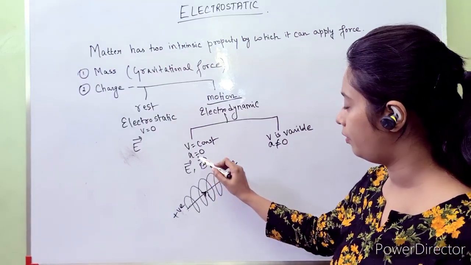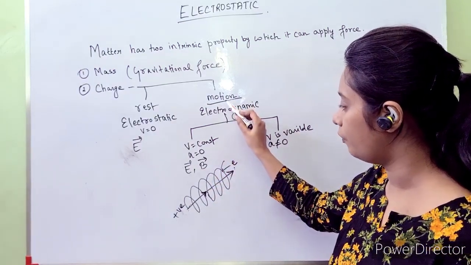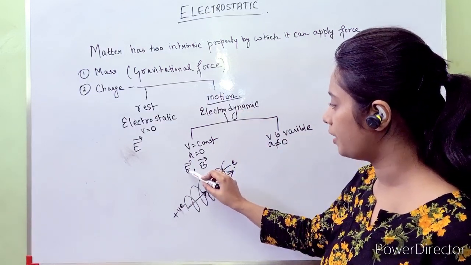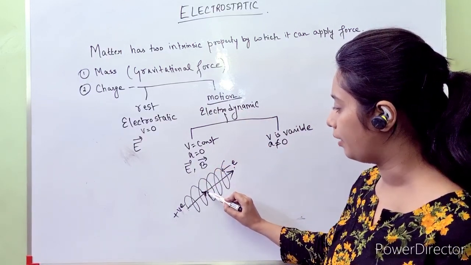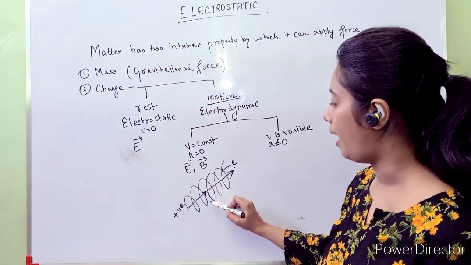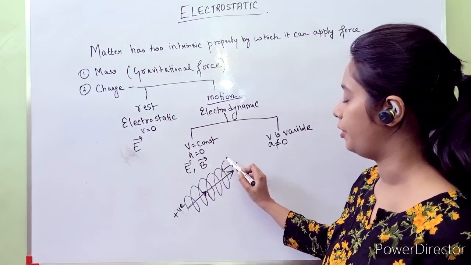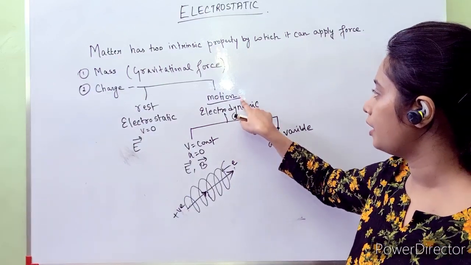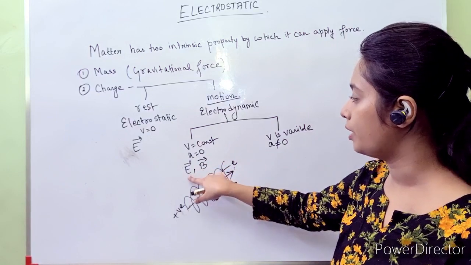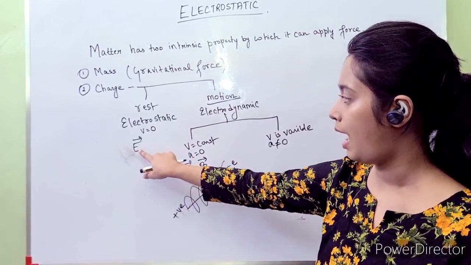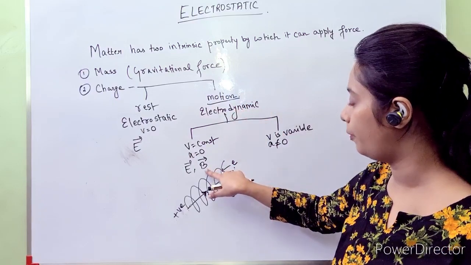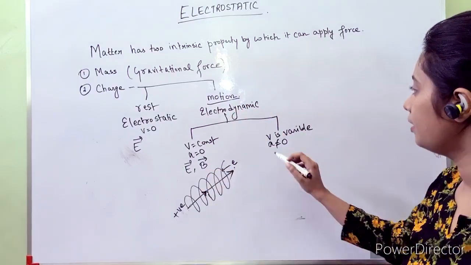That means if charge is moving, along with electric field it will produce current, and when current is produced, automatically a magnetic field will also be produced. That means a charge moving with constant velocity will produce electric field, as well as, since it is in motion, magnetic field.